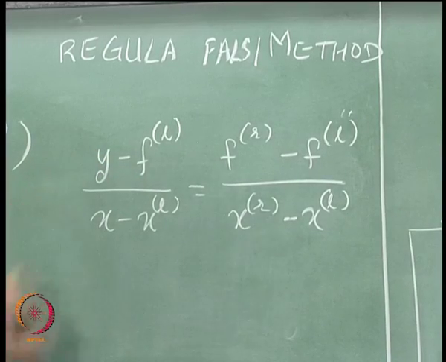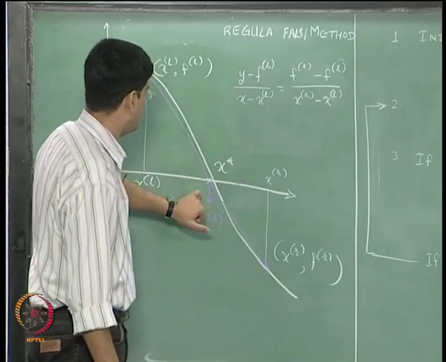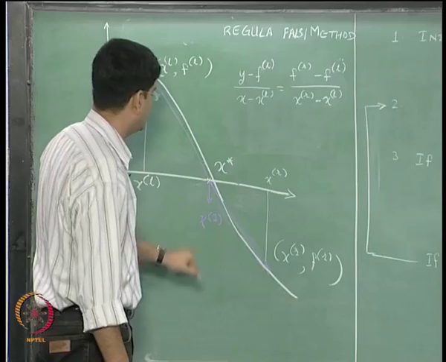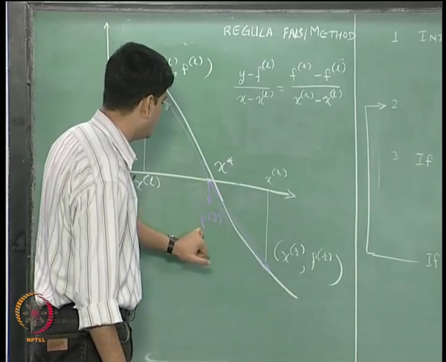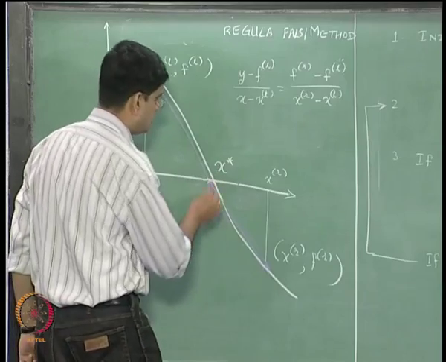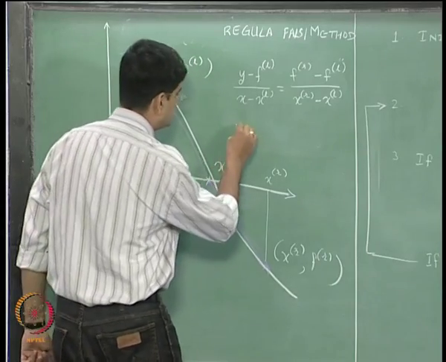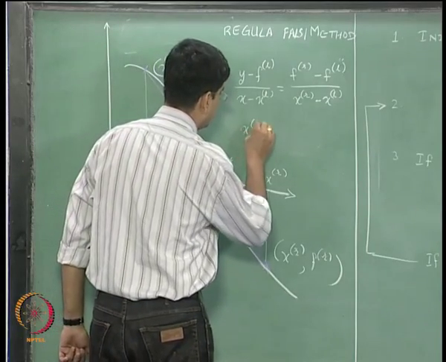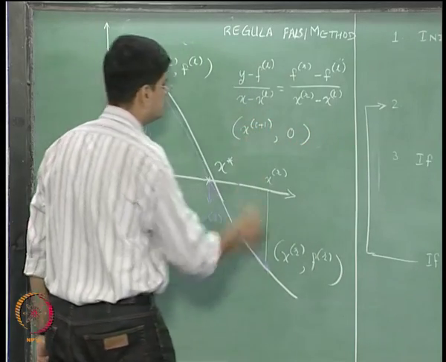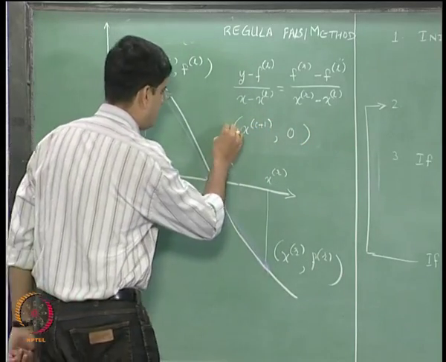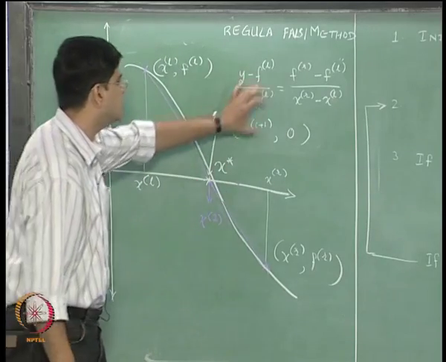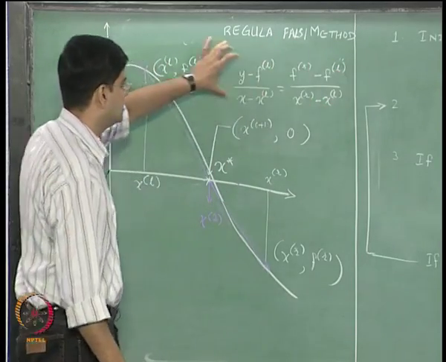So the point of intersection of this particular line with the x axis is going to give us our new initial guess. This particular point that I have shown over here is nothing but the point (x_{i+1}, 0). This point lies on this line, so it satisfies this equation.